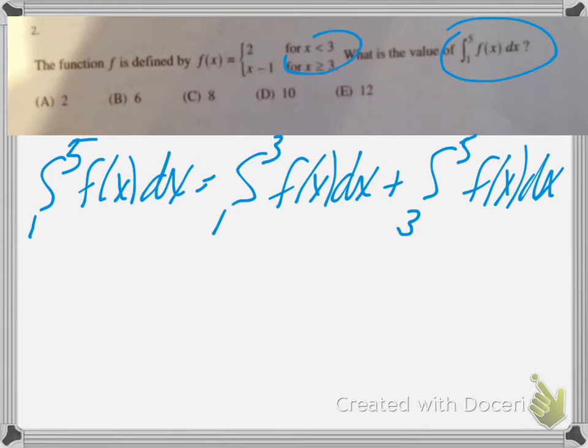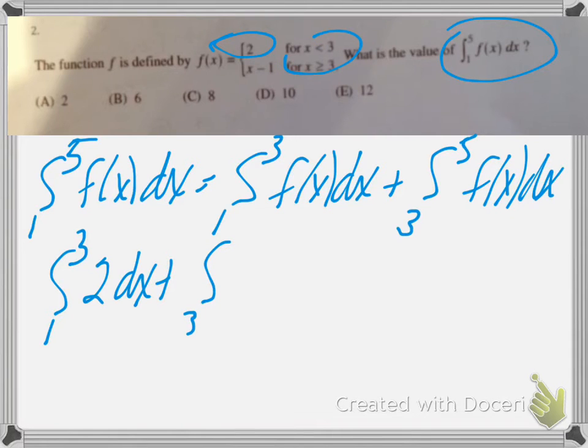Okay, so when we go from 1 to 3, that is going to be the function here, 2, because it's less than 3. And when we go from 3 to 5, we're bigger than 3, we're going to use this one, x minus 1. Okay, so we're going to do the antiderivatives.